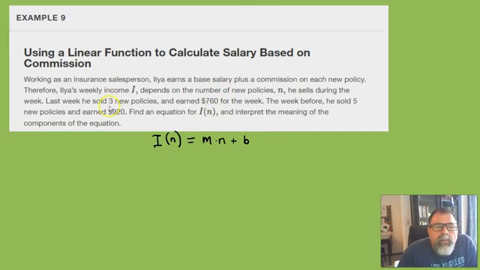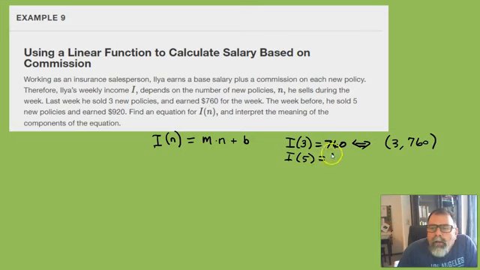Last week he sold 3 policies and earned $760, so I of 3 is $760, so that would be the point (3, 760). And then the week before that he sold 5 and earned $920, so that gets us (5, 920).